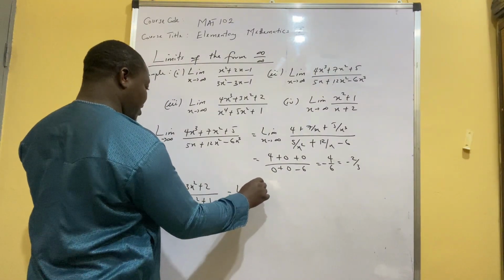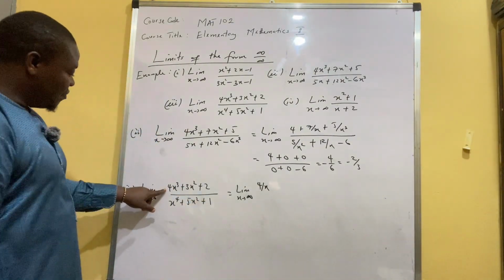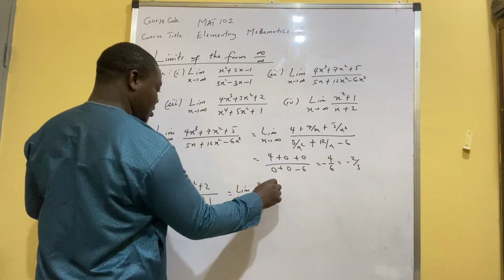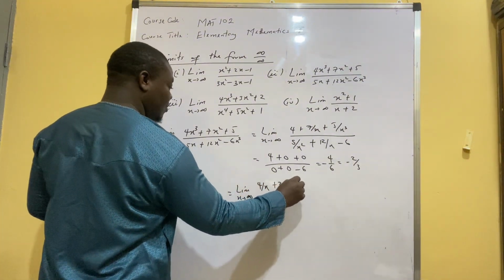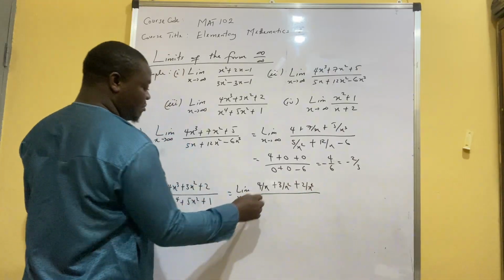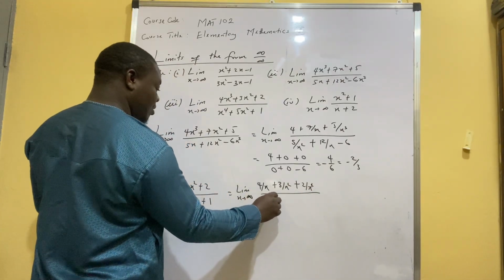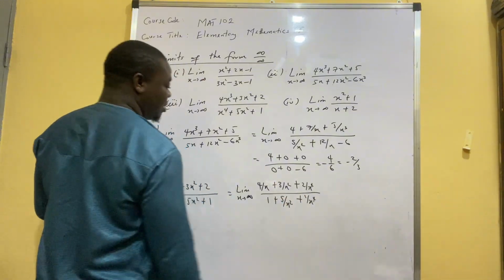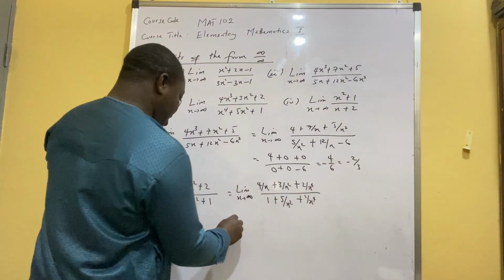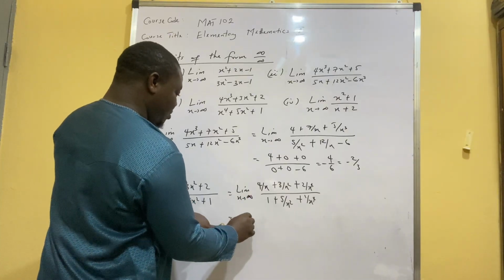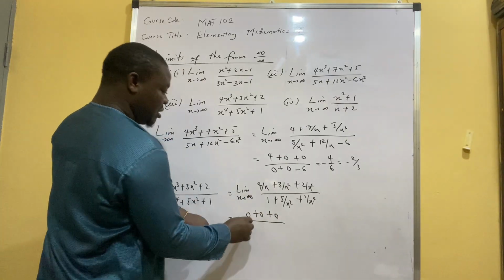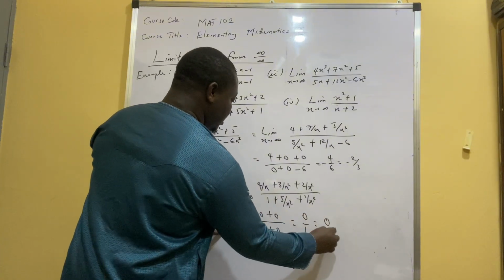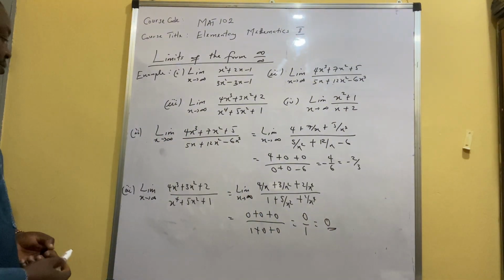Divide each term by that, so we have 4 over x plus 3 over x squared plus 2 over x to the power 4, divided by 1 plus 5 over x squared plus 1 over x to the power 4. Substituting infinity, we have 0 plus 0 plus 0 divided by 1 plus 0 plus 0, which is 0 over 1, which is still 0. So the limit is 0.